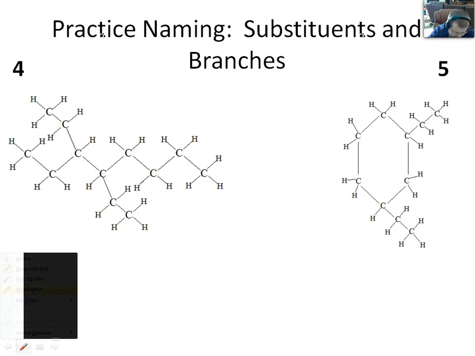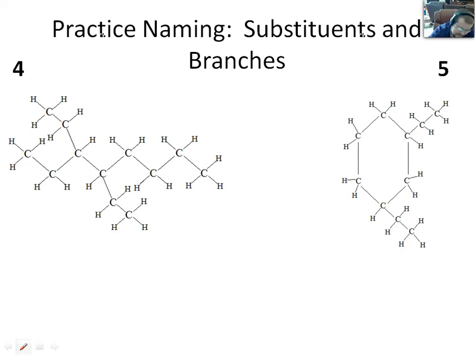Now, what I'm seeing for the longest chain of carbons that we have available is going to start on the right hand side, so it's going to move 1, 2, 3, 4 carbons so far, 5, 6.